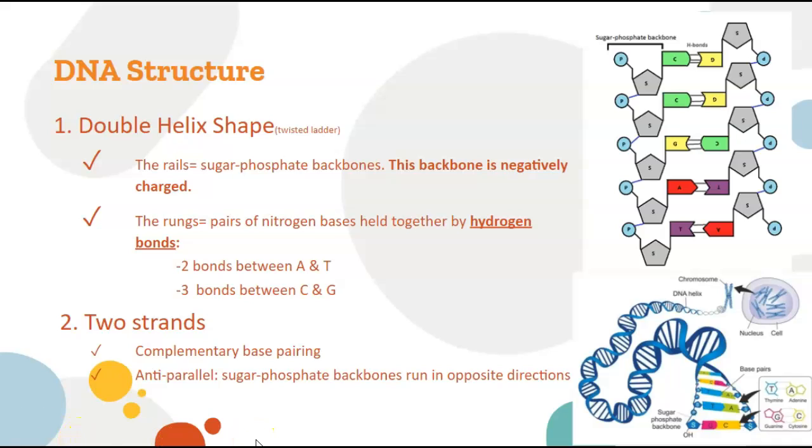One thing to know is that our sugar phosphate backbones end up running what's called anti-parallel. So if you think parallel are two parallel lines, you guys all know that. But anti-parallel means that one of them is flipped upside down, like the Fresh Prince, okay? One of them is flipped upside down.